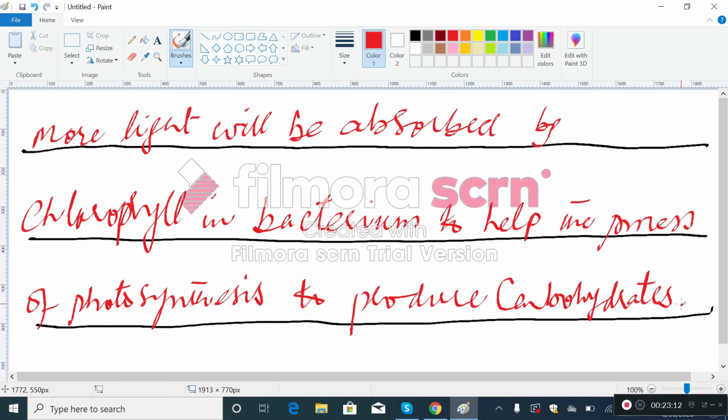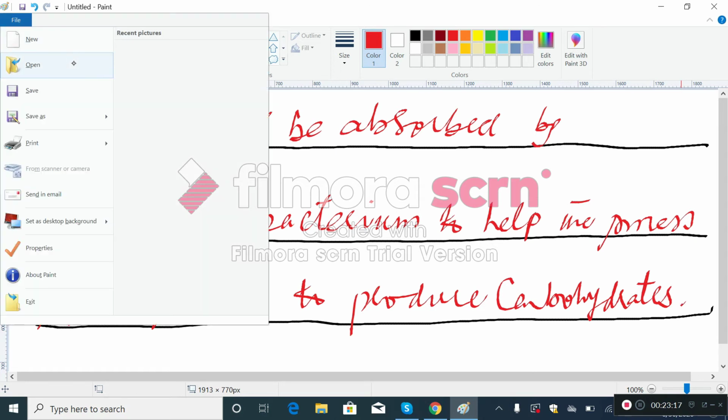This is the answer that we have to write in this section. Now we move to next part.